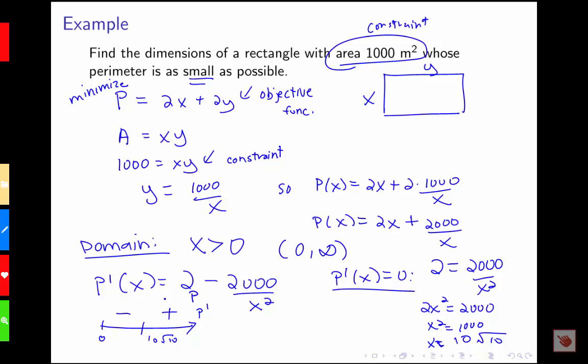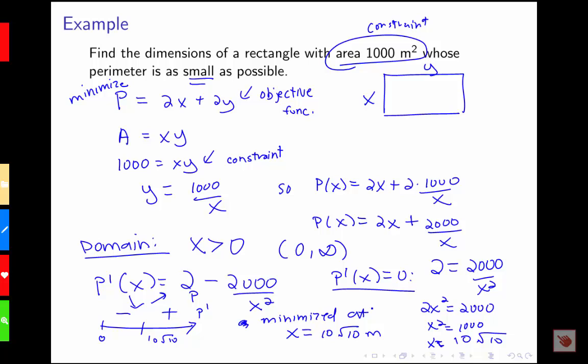So we see that we do in fact have a minimum at this particular location. So we can say that the function is minimized, or as small as possible, when we've got our width, x, equal to 10 root 10 meters.